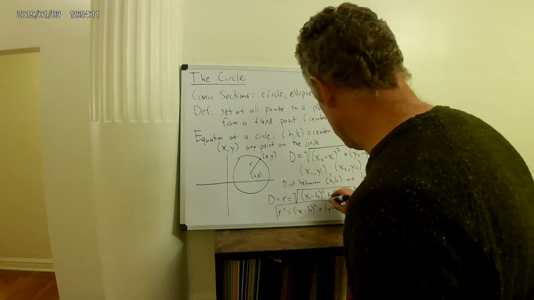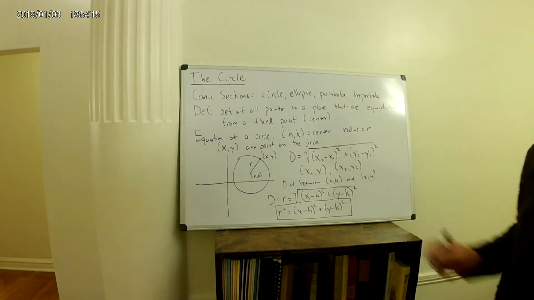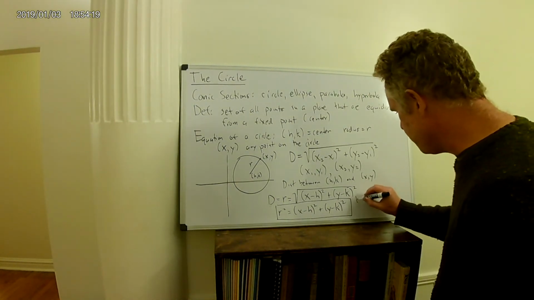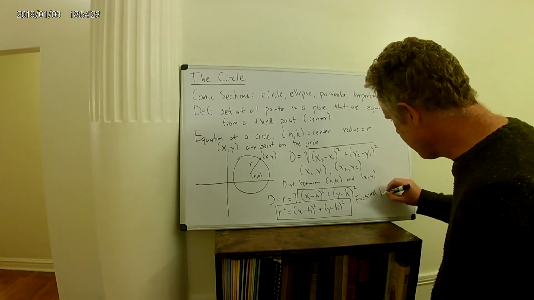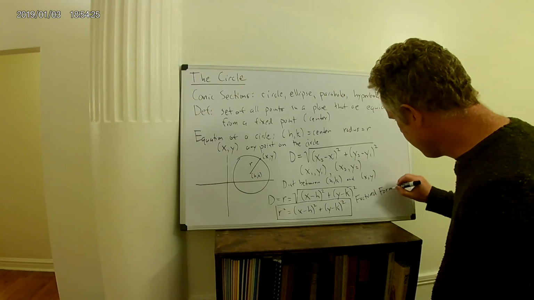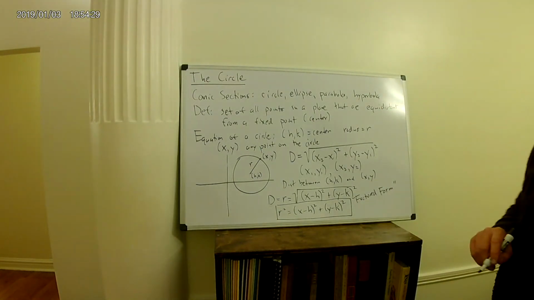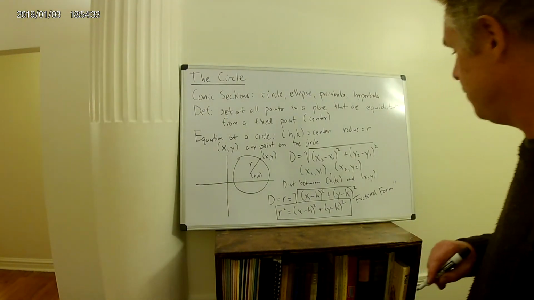This got kind of low to the bottom of the board here, but let me box this. This is the equation of a circle, and this form is known as the factored form. This is the factored form of the equation of a circle. There's actually another version of the equation of the circle we'll talk about in the second part of this video.